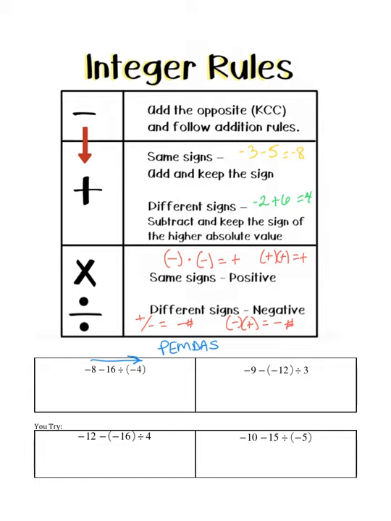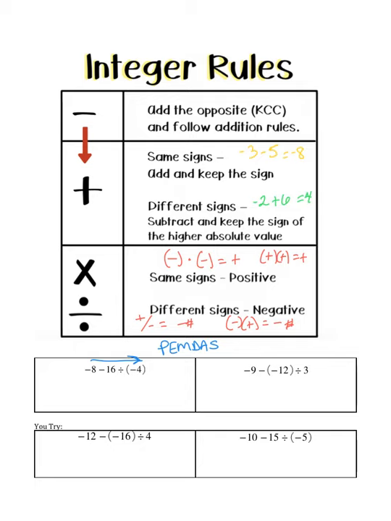Let's look at multiplying and dividing. Well, -8 minus 16 we can't do yet. But we can do -16 divided by -4. Now here's where I'm going to give you two options. They're both mathematically sound, whichever one works for your brain.